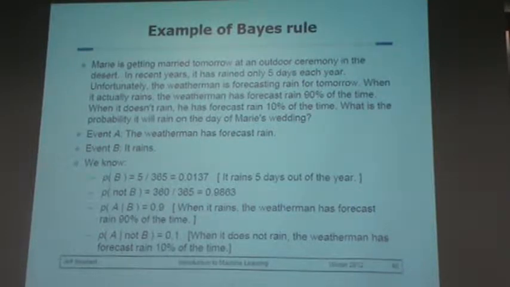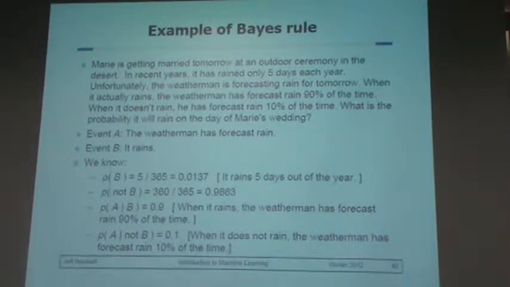When it actually rains, we don't know whether the forecast is true or not, but 90% are really true. That is P of A given B. Among the really rainy days, what is the probability of a correct forecast? That is 0.9.